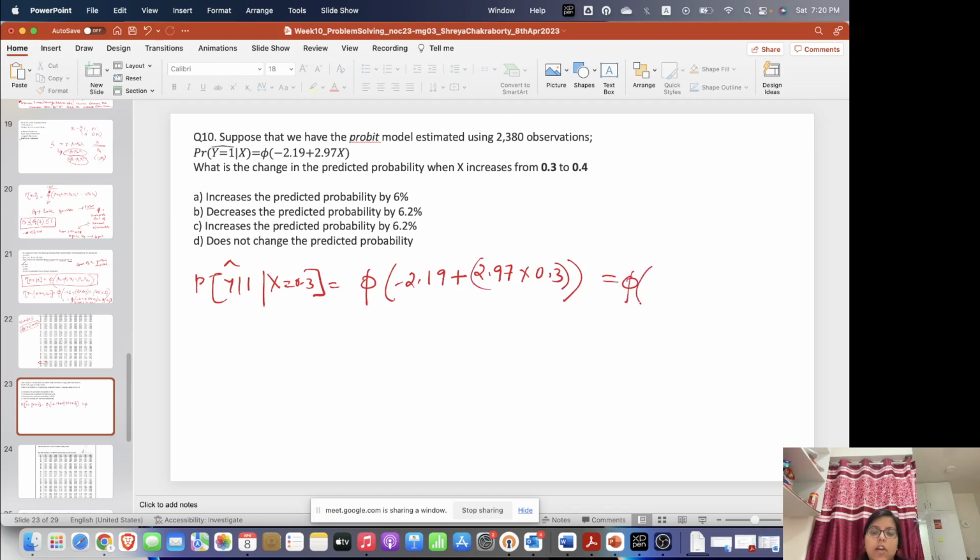This will be phi of minus 2.19 plus 0.891. That is phi of minus 1.29.